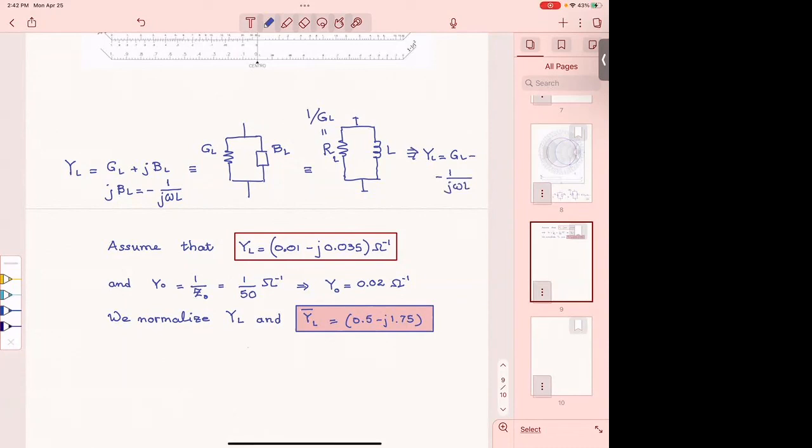Why? j omega L is in ohms, so 1 over j omega L is in 1 over ohm. Because j omega L is always in ohms. And because we bring the j into the numerator, the j becomes minus j. Which in fact forces my B sub L, as I call it, to be negative.